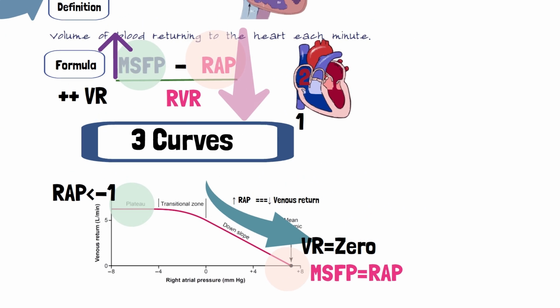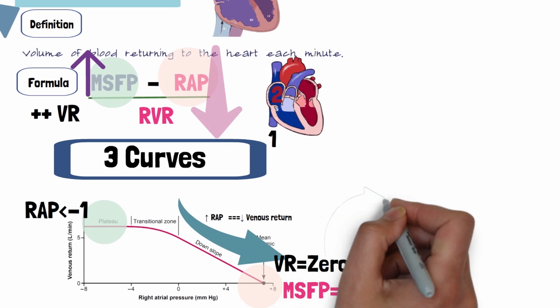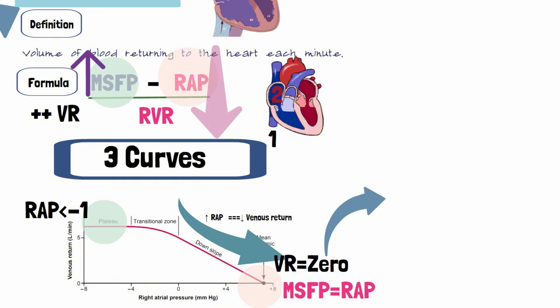This is mainly due to collapsing of the vena cava, so no further increase in the blood flow. So now, what about the mean systemic filling pressure's effect?